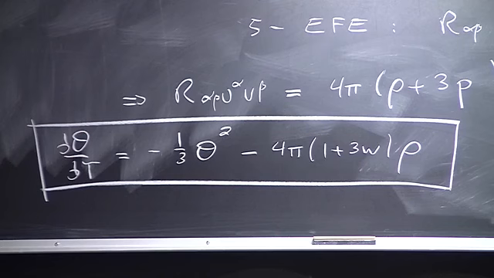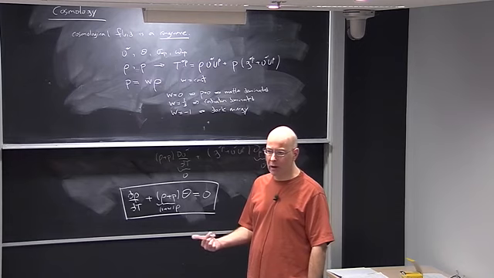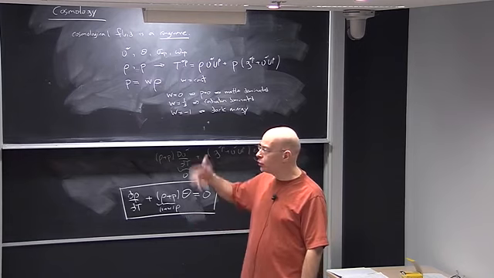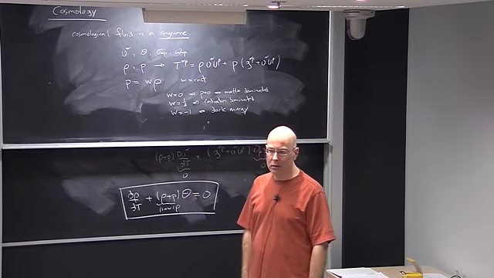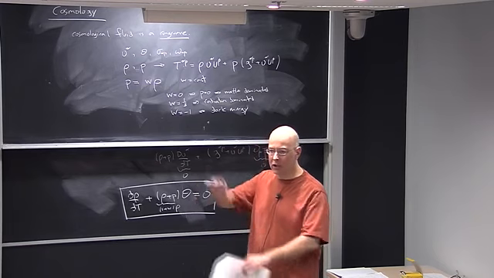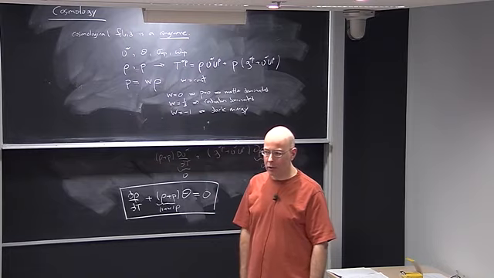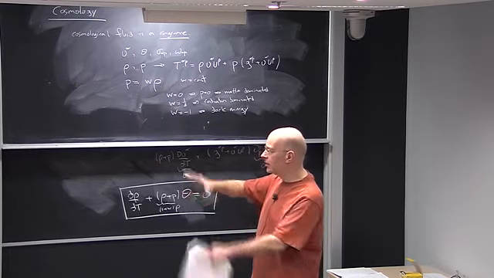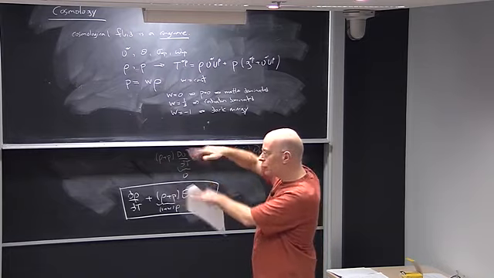In fact, you end up with a formulation of cosmology that's very nice because it's essentially a dynamical system, right? Two first-order differential equations for your two fundamental variables, rho and theta. And you can do the usual thing that you would do with dynamical systems. You can represent your flow in phase space and identify what the solutions are doing.